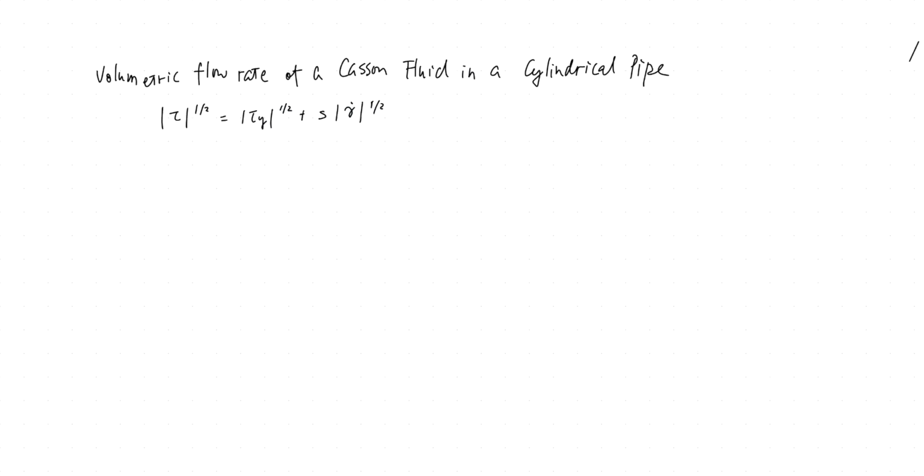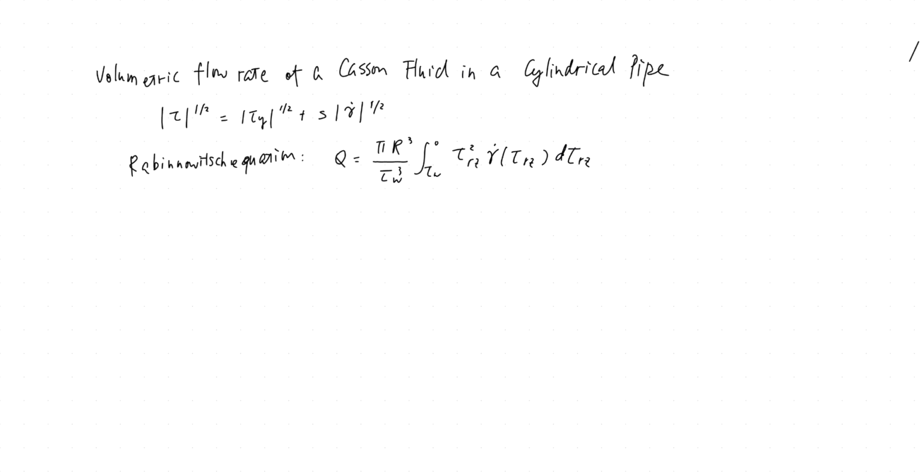So we recall the Rabinowitsch equation, which tells us Q equals pi r cubed over tau w cubed, times the integration from 0 to tau w of tau squared times gamma dot, where gamma dot is a function of the shear stress, integrated over the shear stress.